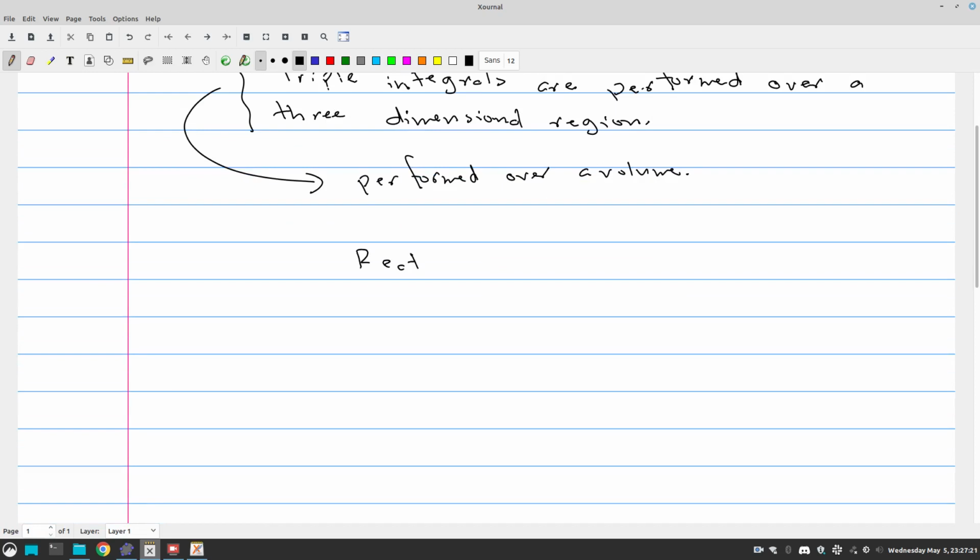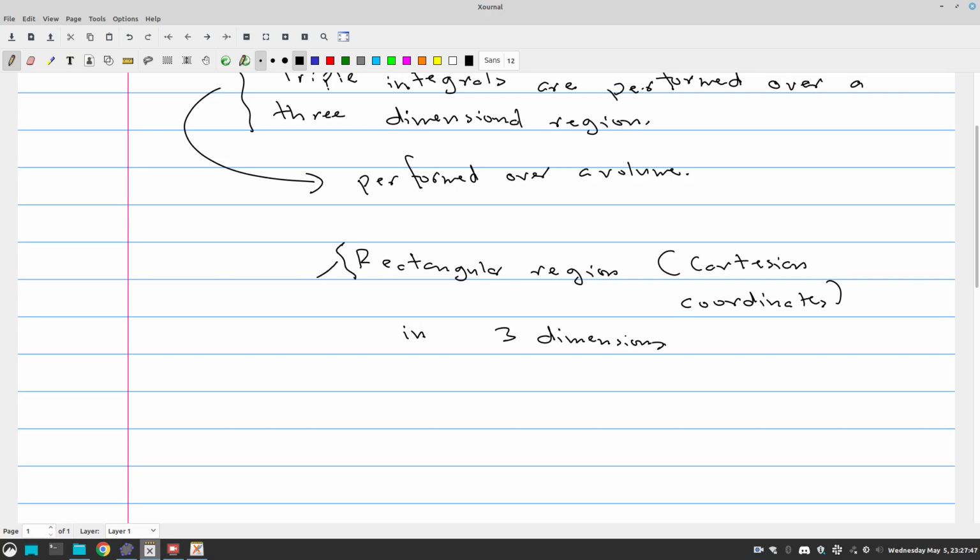A rectangular region in Cartesian coordinates in three dimensions. By rectangular region I mean a box shape.